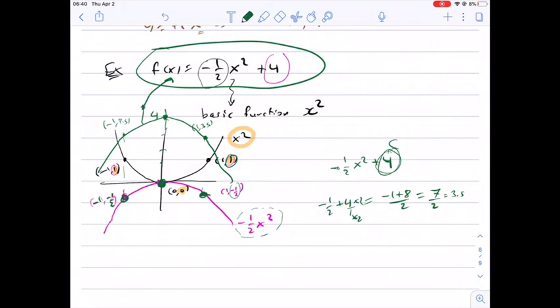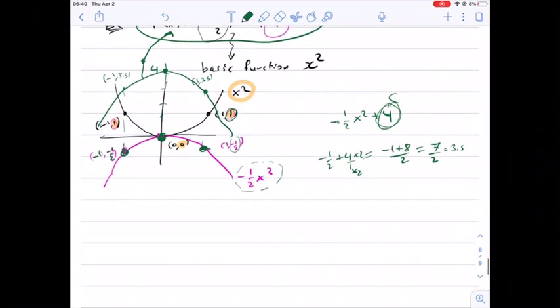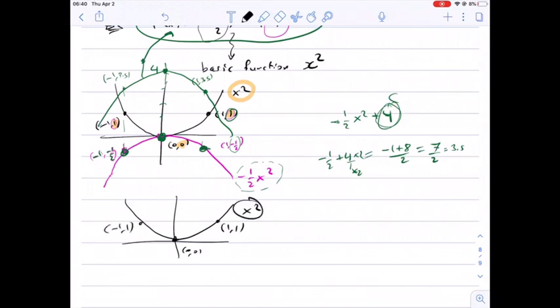So the most important thing here is that we determine the basic function, we plot or determine 3 or 5 points, and then we make the changes on these points. So if we want to show you again what happened here, this is the original function x squared, and we determine 3 points, 0 0, for example 1 1 and negative 1 1. This is x squared, and then we multiply by negative 1/2.